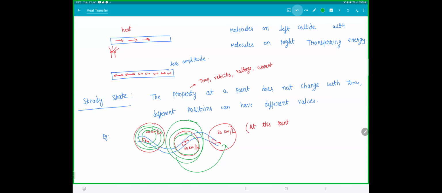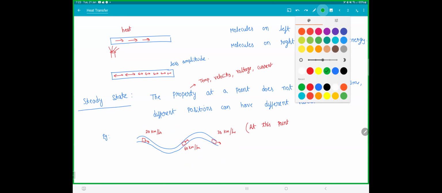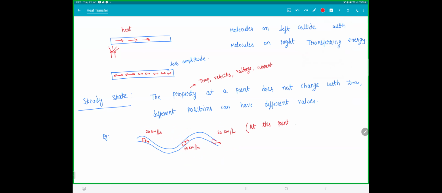This is called steady state. Steady state doesn't mean everything has become constant. It doesn't change with time, but different positions can have different values. So at this point, speed of any vehicle is 30 kilometers per hour. But if you see, speed of the vehicle is changing at different positions.